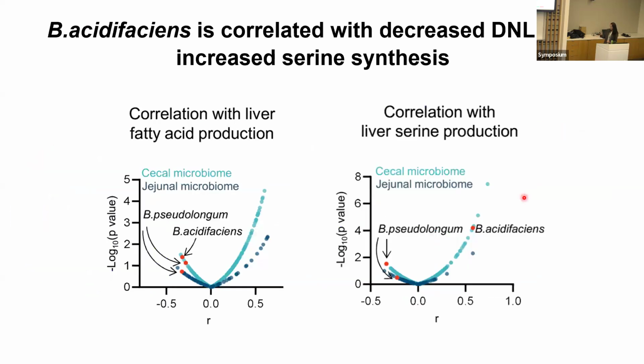But among these many identified bacteria, we wanted to narrow down to the species that produce the inulin effect. So using unbiased correlation analysis, we narrowed down two different bacteria candidates, which have a negative correlation with liver fat synthesis and a positive correlation with liver serine production.